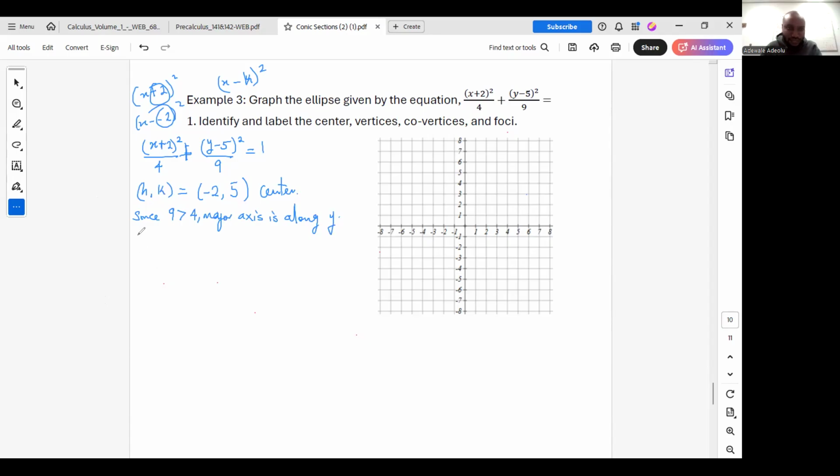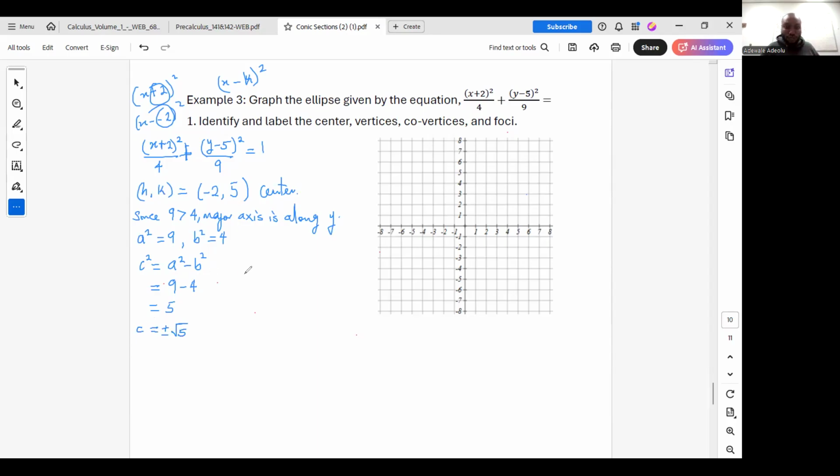That means that a squared is 9 and b squared is 4. We can find c. Using this, c squared is a squared minus b squared, which is 9 minus 4, which is 5. Therefore, c is plus or minus the square root of 5.